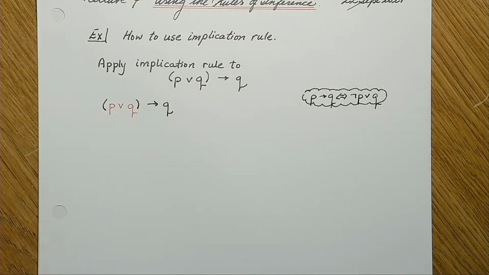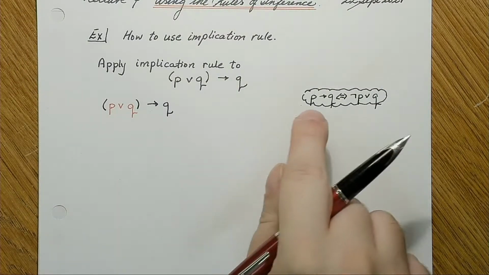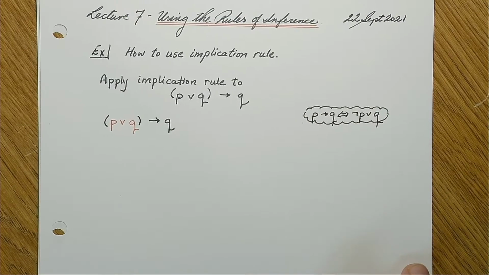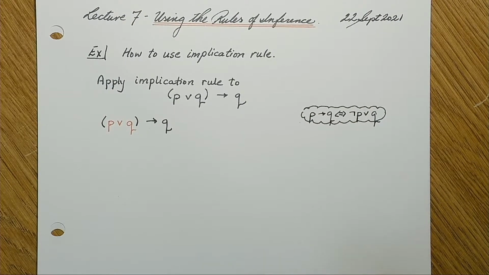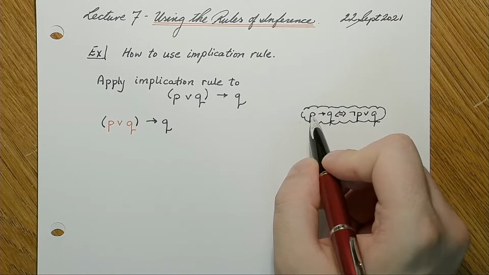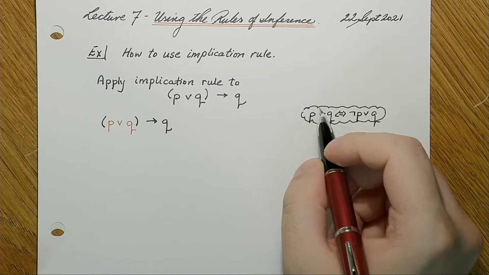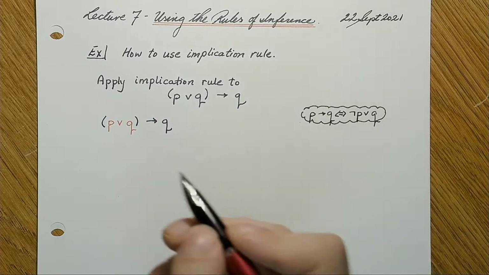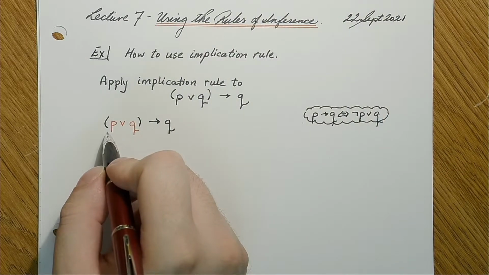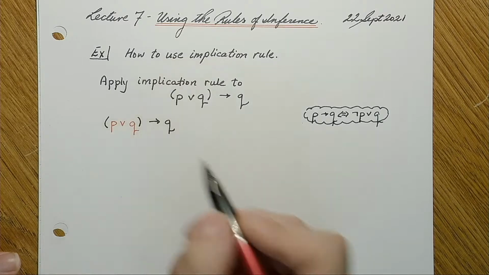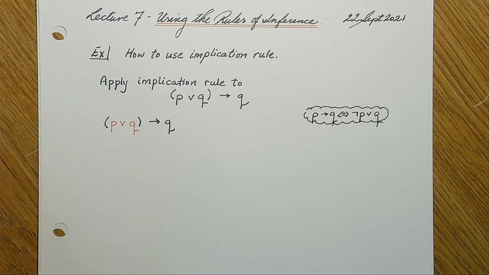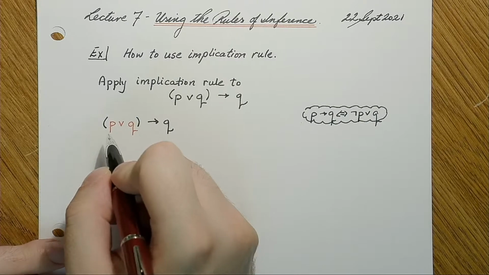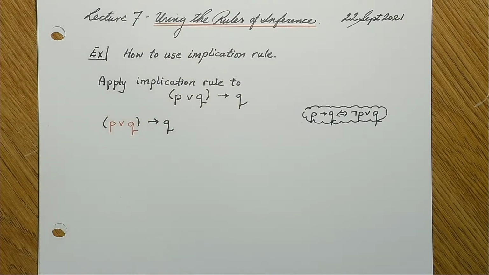But remember that P or Q can be any kind of proposition. It can be a prime proposition, a compound proposition. It can be anything. So in fact, this P could be a proposition that's a little bit more complicated. For instance, over here, the P or Q could be considered a proposition. So I will write this with a different color.